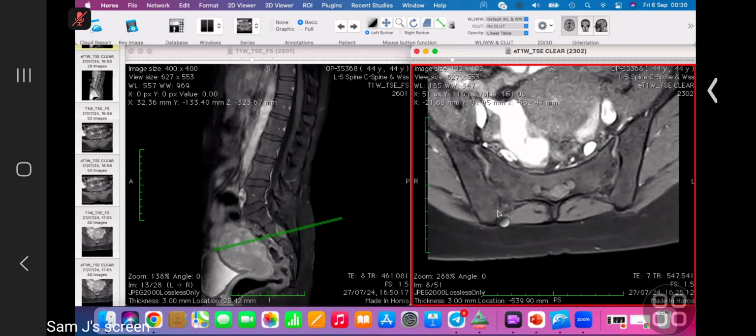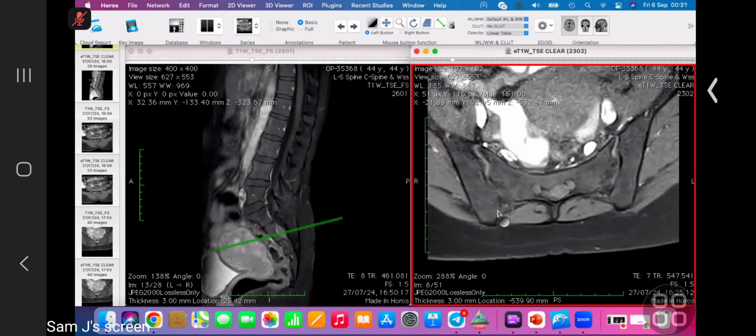Regarding the neural foramina, I think it's involving the left nerve root and also causes expansion of the nerve exit foramina.